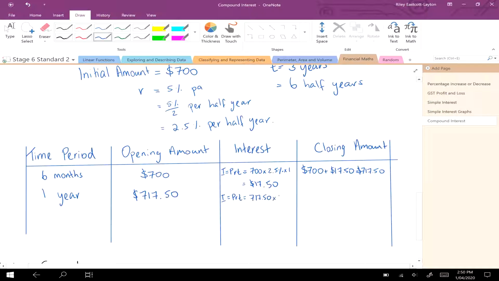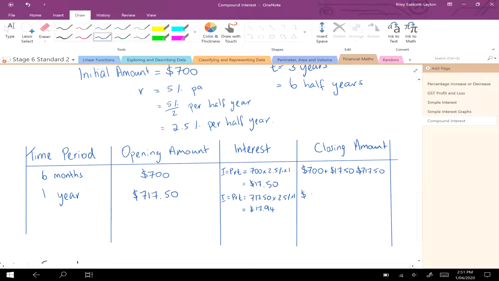Which is going to be $717.50 times 2.5% times 1, which is going to be $17.94.